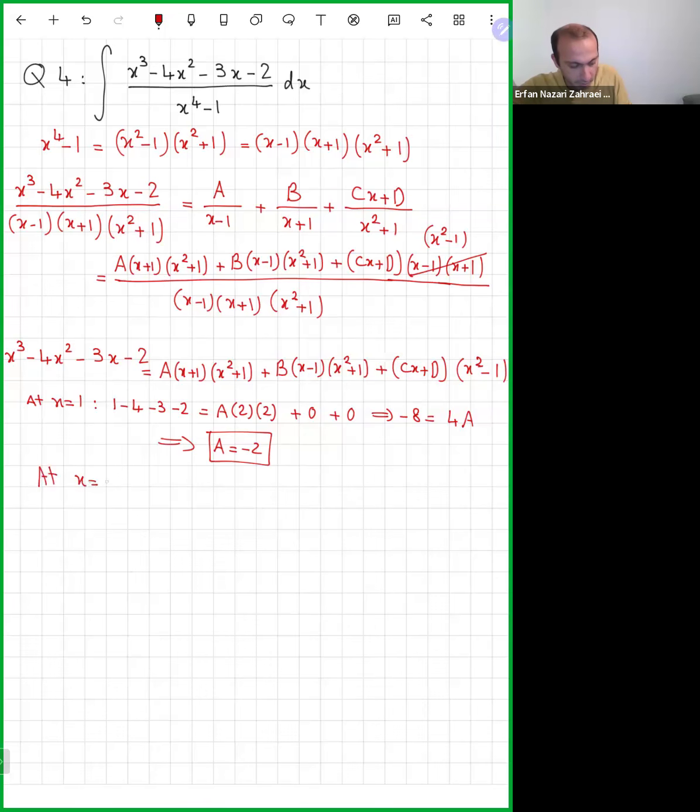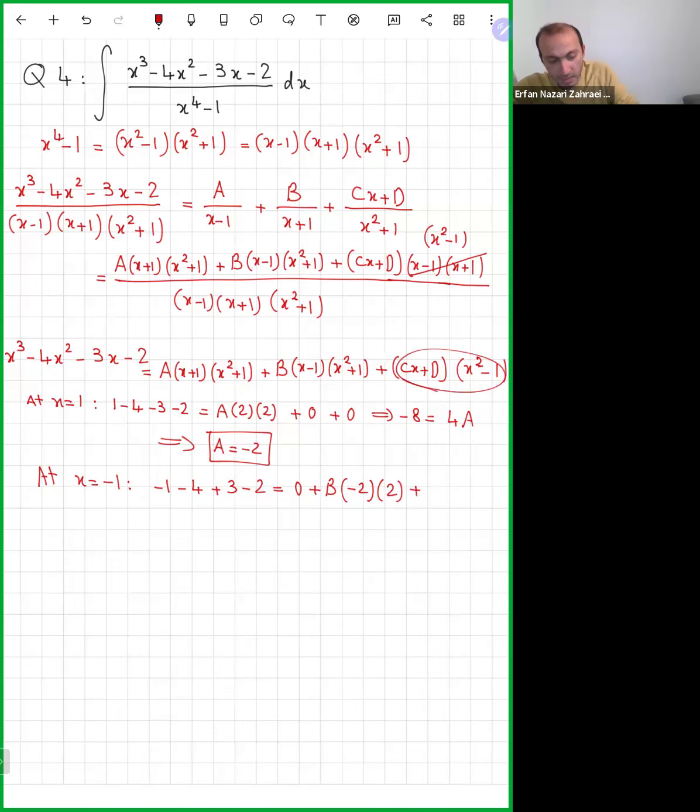At x equals negative 1, this one is negative 1 cubed, negative 1, minus 4 times negative 1 squared, it's just negative 4, minus 3 times negative 1, it's positive 3, and then negative 2. Putting negative 1 in this, that becomes 0 because of this term. Putting negative 1 in the middle term, you get b times negative 2 times 1 times 2.